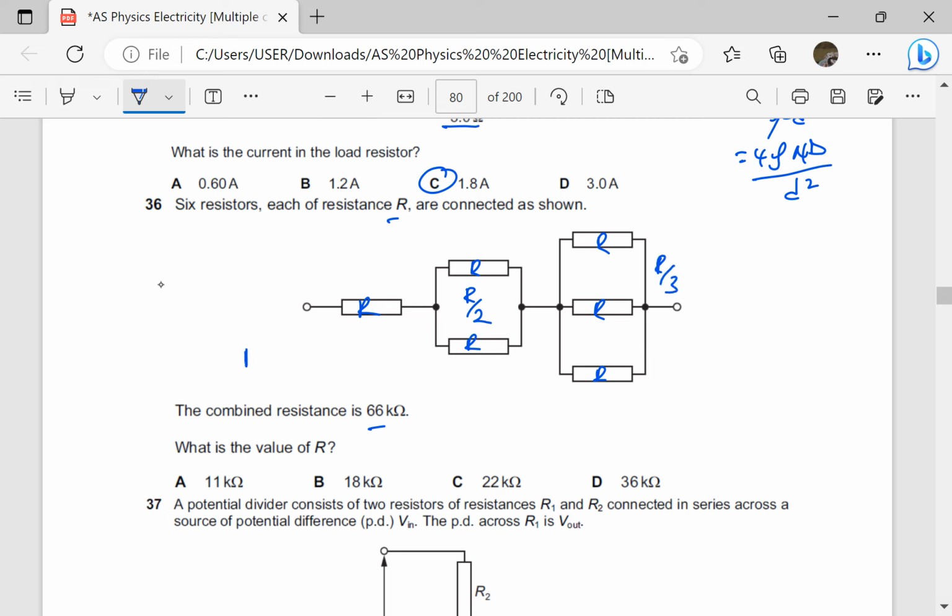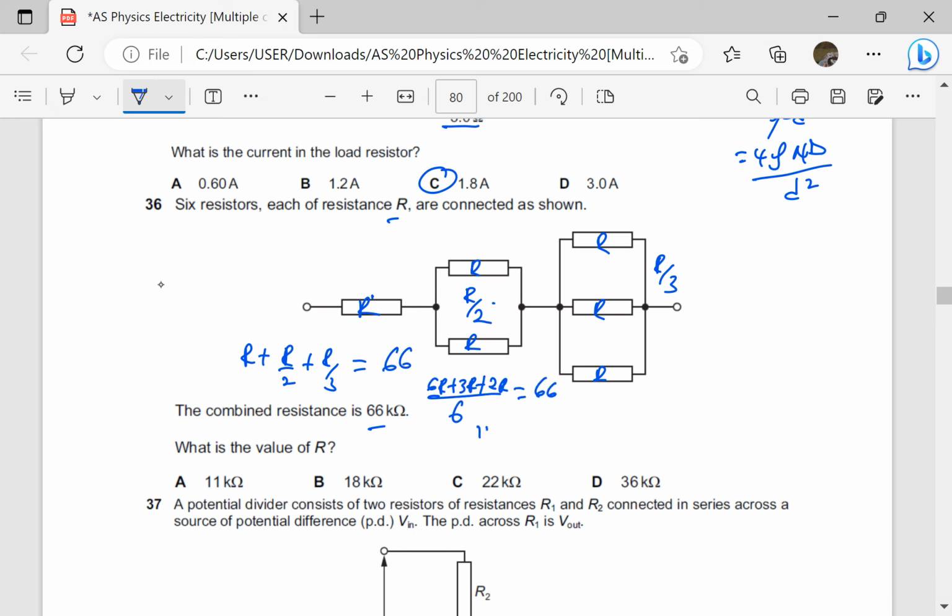Then we sum up R plus R over 2 plus R over 3 should give us 66, because the combinations are in series. This is in series with this, is in series with that combination. So LCM here I think is 6. So I have 6R plus 3R plus 2R should give us 66.